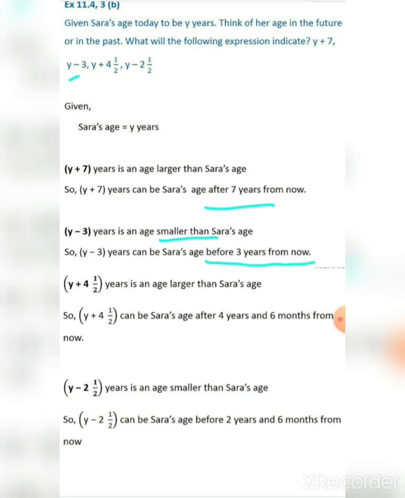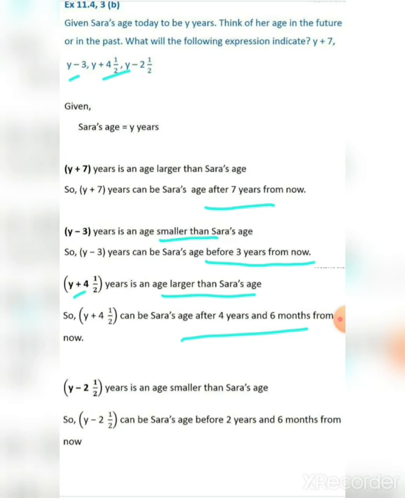Now next is Y plus 4 1 upon 2. So it is an age larger than Sarah's age. Always remember, if plus is there, it is larger, and minus means smaller. So Y plus 4 1 upon 2 can be her age after 4 years and 6 months, 4.5 years you can say.